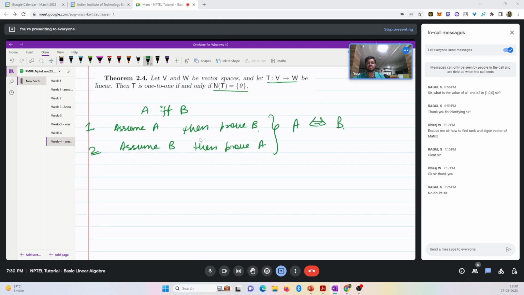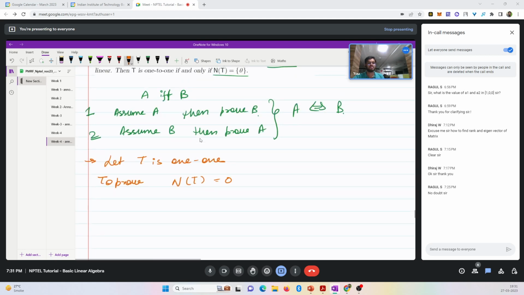So let's first assume that T is 1-1. This we have assumed. Now what do we have to prove? We need to prove that the null space of T is 0. This is pretty easy.